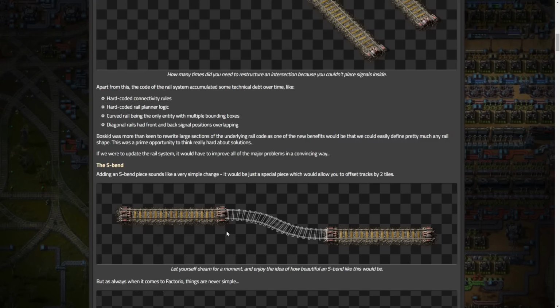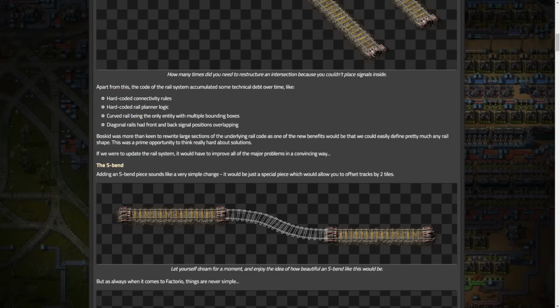And just to clarify, because even I, reading this, was thrown off a little: 2 tiles being 2 actual tiles, not 2 rail tiles, because a rail is 2 tiles, you can see here. So when they say 2 tiles, they don't mean 2 rails, they just mean 2 actual tiles, which is 1 rail. These rails would be directly next to each other, essentially, which is just an offset of 1 rail width, if that makes sense.